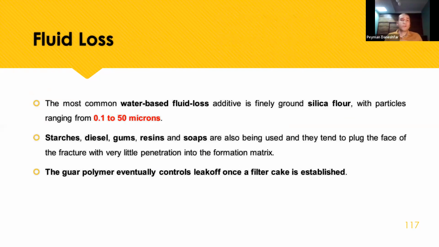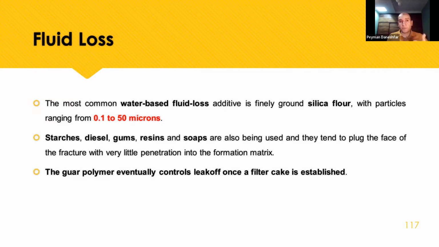One of the important additives is a fluid loss additive. The most common water-based fluid loss additive is ground silica flour with particles ranging from 0.1 to 15 microns. Some additives to help plug the face of the fracture with little penetration into the formation matrix are starches, diesel, gums, or resin, and also soaps.